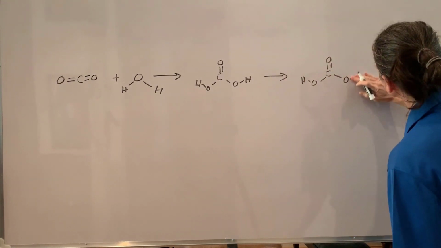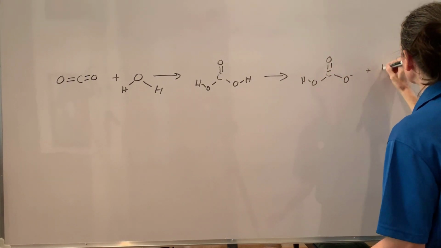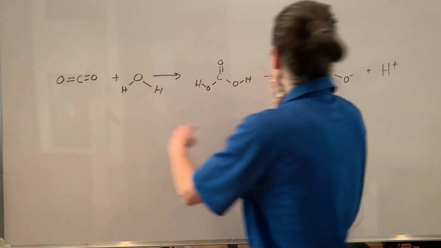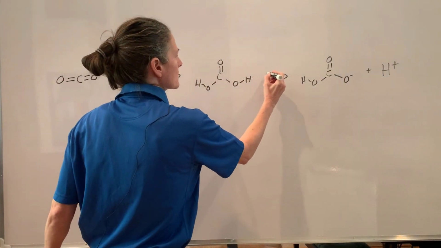And actually I'll take off this proton, this hydrogen ion. So this would be our buffer system. And the thing is, this reaction doesn't just go in one direction, it can go in either direction.